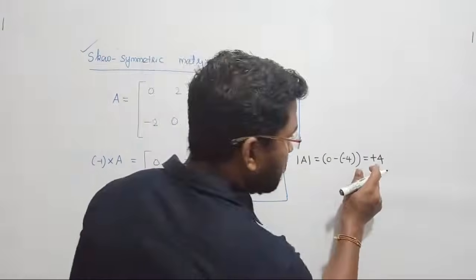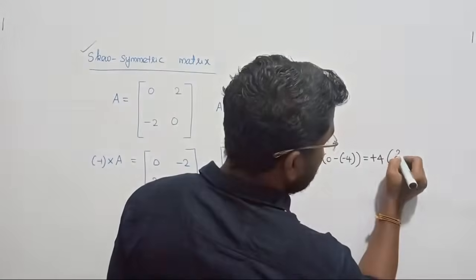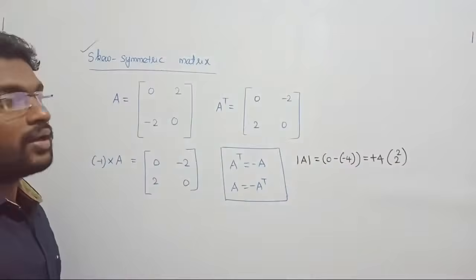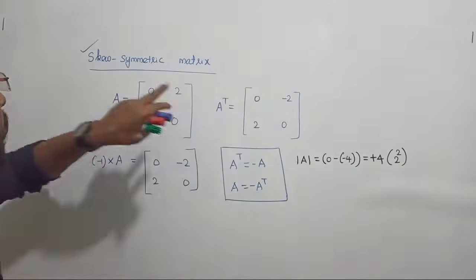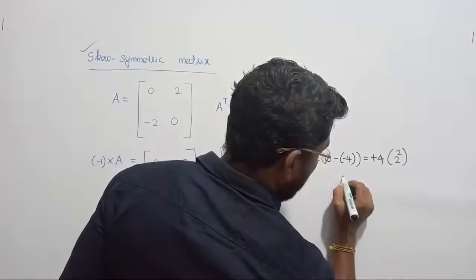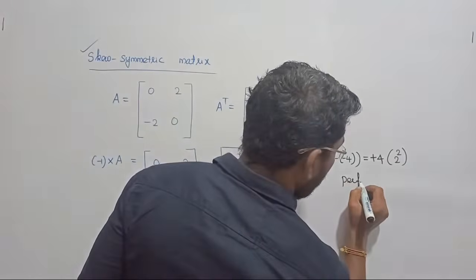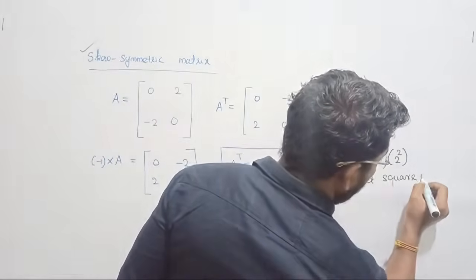If you notice carefully, can I write 4 like this? Shall I write 2 square? So the conclusion is that the determinant of a skew symmetric matrix will always be a perfect square number. Is there any mistake in my conclusion?